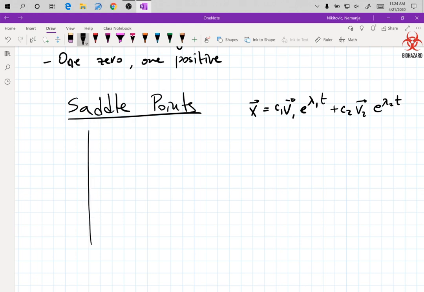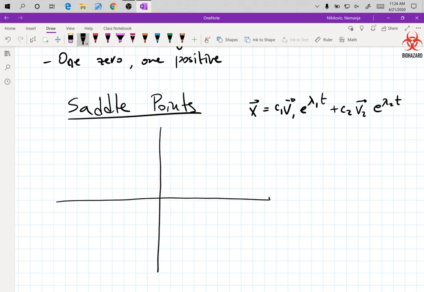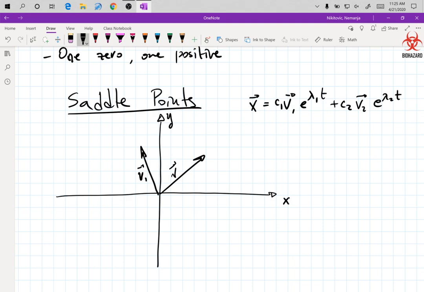So if I draw the XY coordinate plane, and then I draw two of these vectors, so call that vector V1 and call that vector V2. Right? These vectors have finite length. Their directions will create, there we go, something like that.